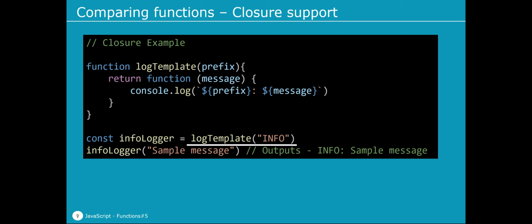Next, I execute the outer function with the parameter info and store the reference in the variable infoLogger. Now I execute this inner function and pass a message as a parameter. Due to the closure feature, I have access to both the message and prefix and can print the message.